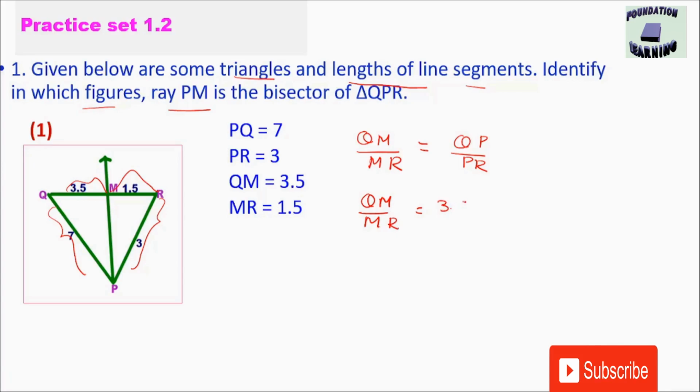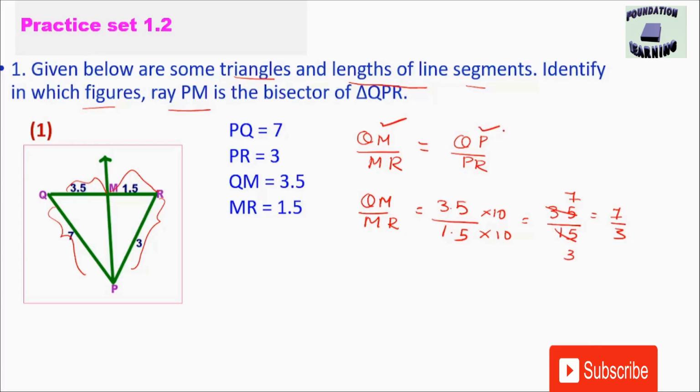QM is 3.5 and MR is 1.5. Okay. Now we'll remove the decimal multiplying by 10. So what will we get? The decimal is gone. 35 upon 15. 5 3s are 15. 5 7s are 35. So the ratio we got is 7 upon 3. The first ratio, 7 upon 3.